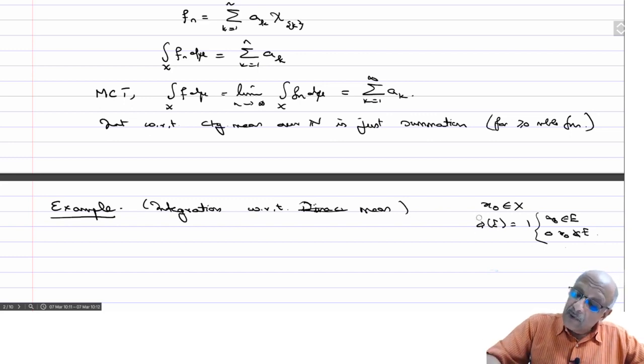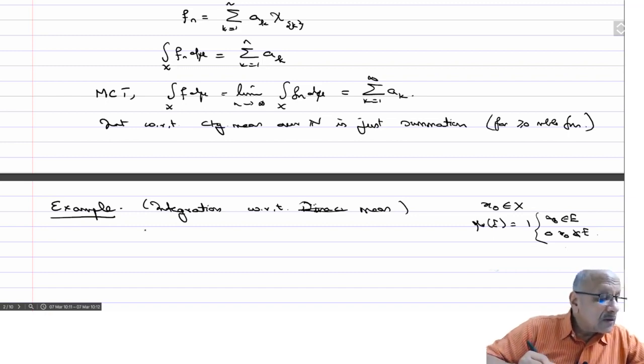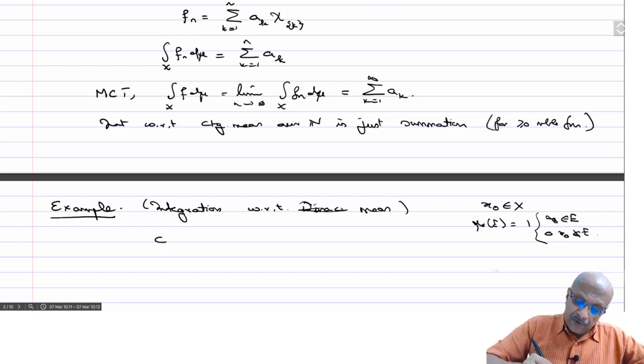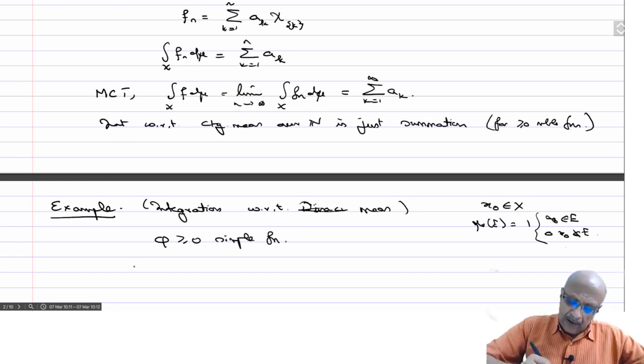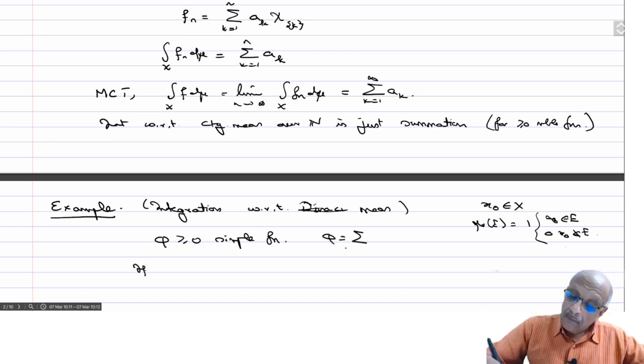Okay, let me write mu itself here. So phi is a non-negative simple function. So phi is equal to sigma i equals 1 to n alpha_i chi of A_i, and let us say the A_i are disjoint.